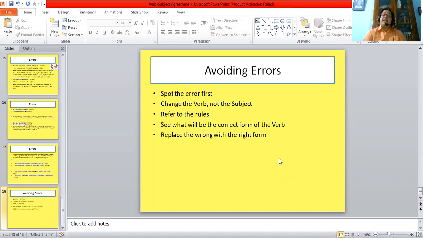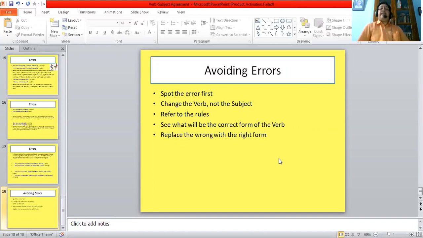At each point, it is best to internalize the rules of concord or subject verb agreement as far as is possible and practicable. So please remember the rules of concord that I have been talking about so far and the exceptions. They are not very many in number, they are fairly small in number.